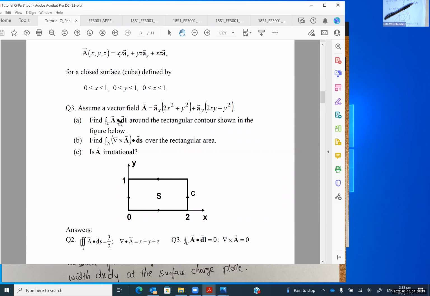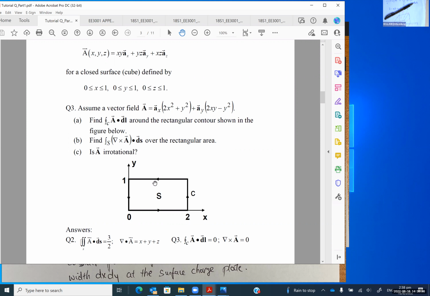So first you're asked to find this closed contour integration along these lines, right? In this manner. A is a field in this XY plane. You visualize A is some field in this XY plane. It could be a magnetic field, it can be an electric field, some field there in the context of our course here.